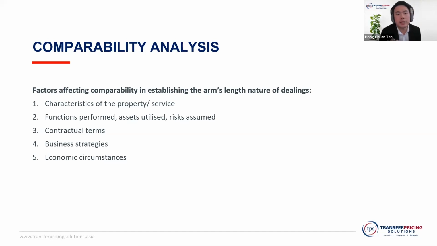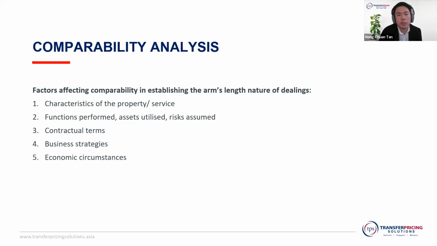Now, the first one is characteristics of the property and service. Meaning to say, whether the compared elements are the same in terms of the property or service as compared to your controlled transaction. Then you'll be looking at the functions performed, the FAR: functions performed, assets employed, and risk assumed in relation to that transaction as compared to your uncontrolled transaction.